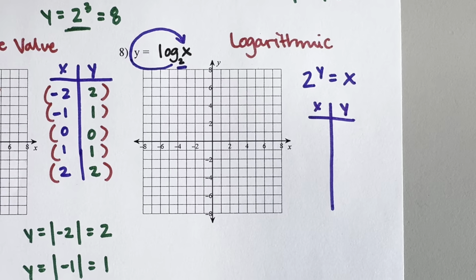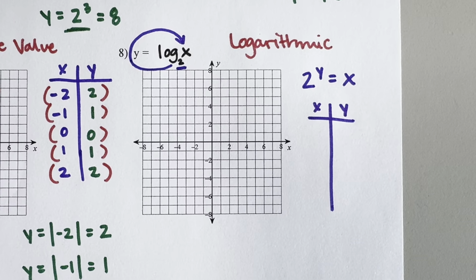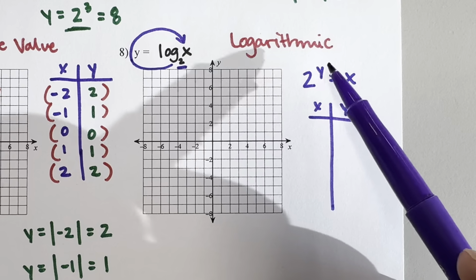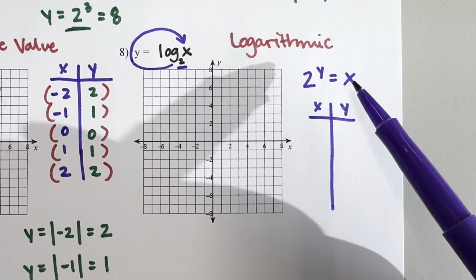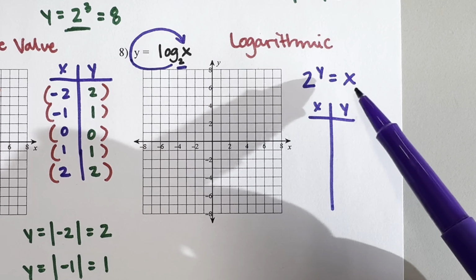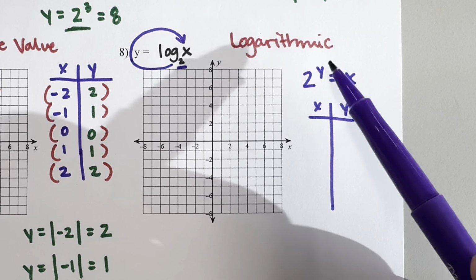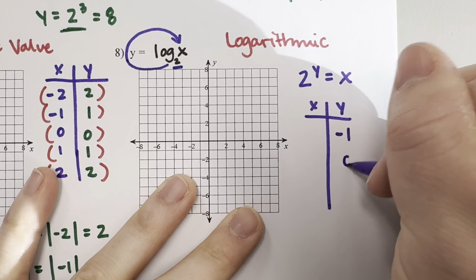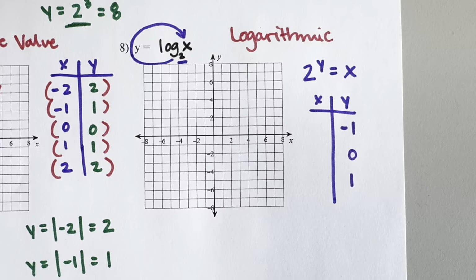Okay, but if you remember from way back at the beginning of the year when we talked about logarithmics, it would be way easier to plug things in for y to get x, okay? If you're plugging things in for x, you kind of have to guess, okay? 2 to the power of what equals something? Yeah, no, let's plug things in for y this time. Okay, so I'm going to take -1, 0, and +1. This time I'm plugging things in for y.